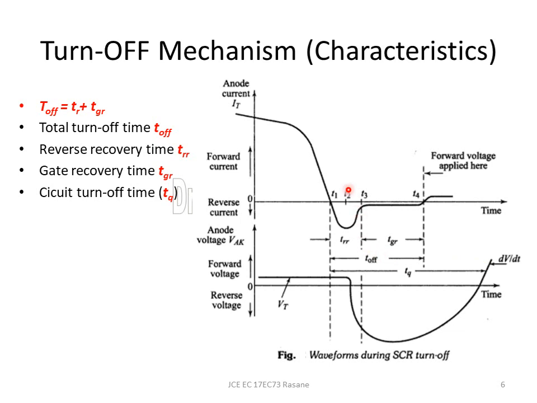So the turn-off time of the thyristor is basically made up of TRR and TGR, and TQ is the external circuit turn-off time, or the period during which the thyristor will have a reverse voltage. And after this point, the forward voltage starts developing from this time onwards.